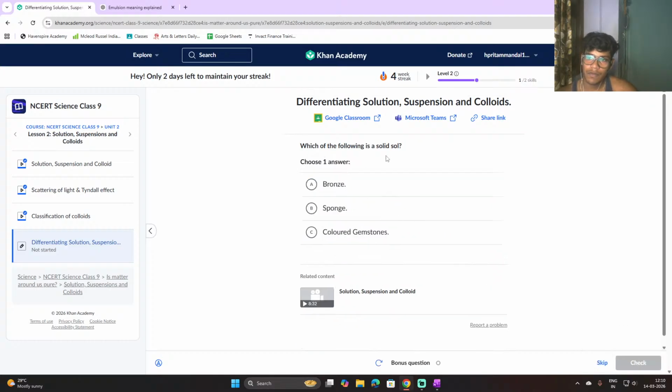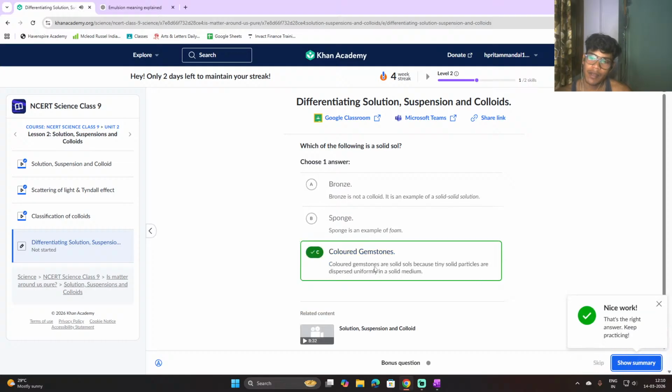So last, which of the following is a solid sol? Bronze, sponge, colored gemstone. Now, solid sol. Bronze, sponge, I guess. Colored. No, it's not. Then it will be this, colored gemstone. Why? Because colored gemstone is a solid sol, because tiny solid particles are dispersed uniformly in a solid medium.